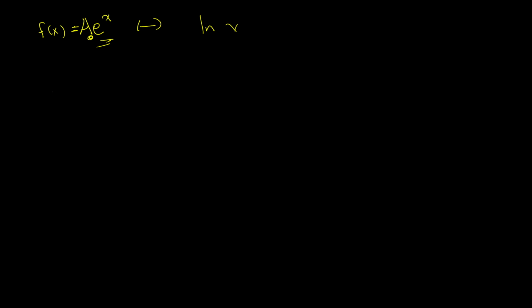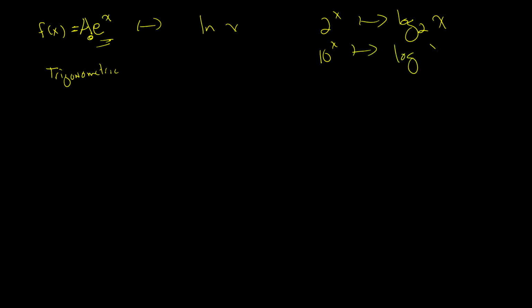And then our other transcendentals are the trigonometric functions. And I should say all exponentials, so 2 to the x and its inverse, log base 2 of x, 10 to the x and its inverse, which is the common log.